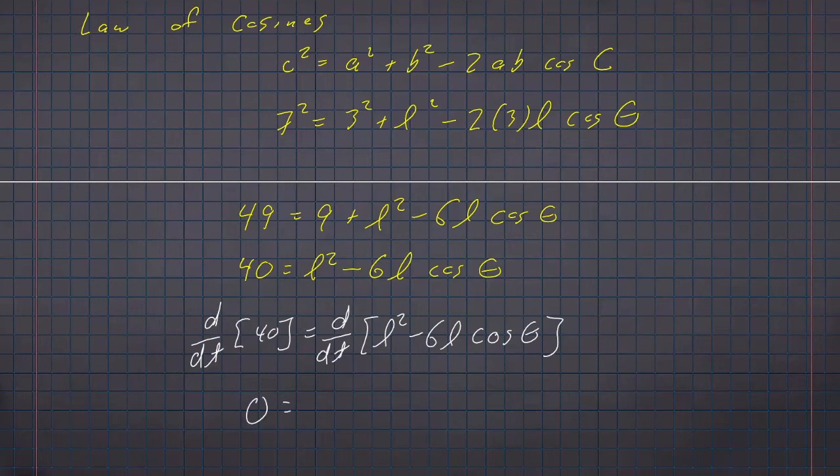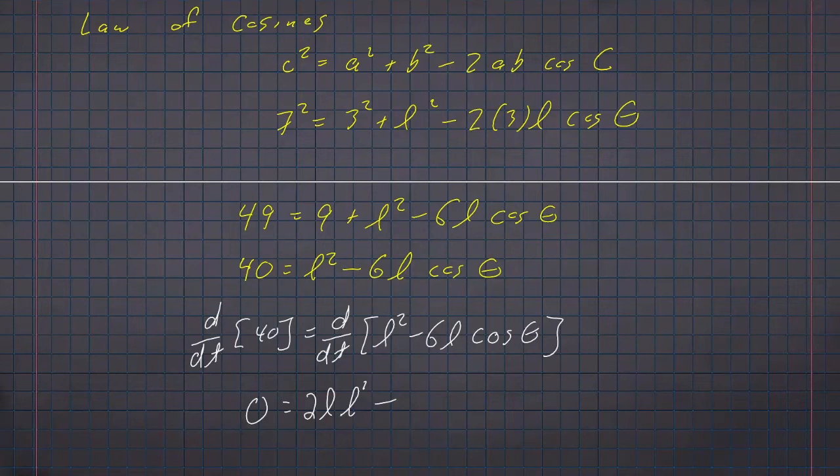Right. Derivative of 40, derivative of any constant is 0. Derivative of L squared will be 2 times L times the derivative of L, which is L prime. And then we have 6L cosine theta. Right, that's a product of two things, so we're going to have to use the product rule here.